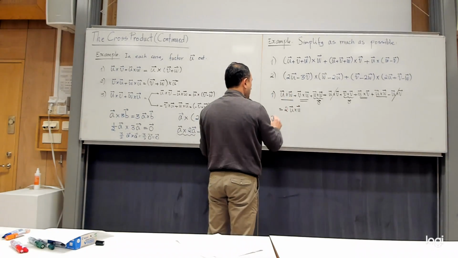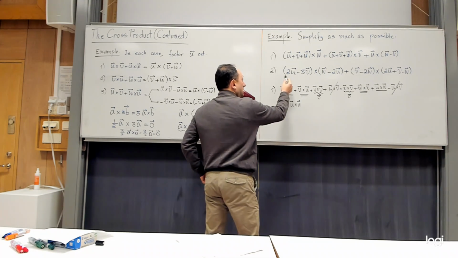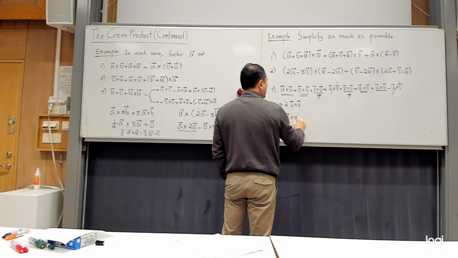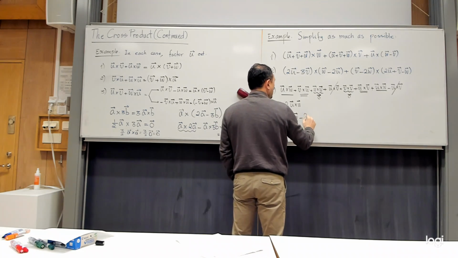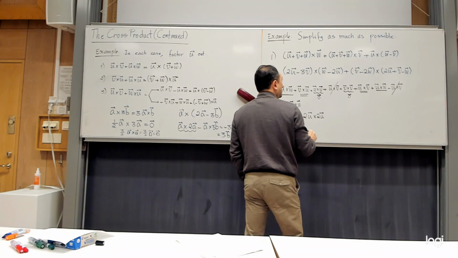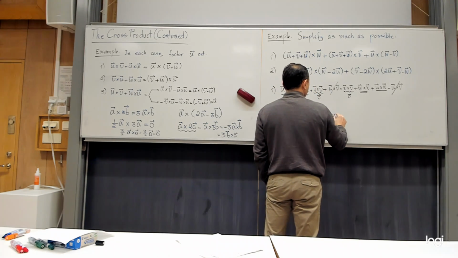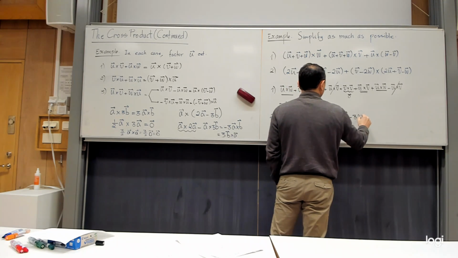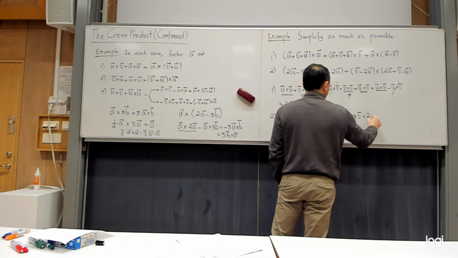Number 2, I just distribute it. I multiply this by that, so it becomes 2U cross W minus 2U cross 2U, and then minus 3V cross W minus 3V cross 2U.